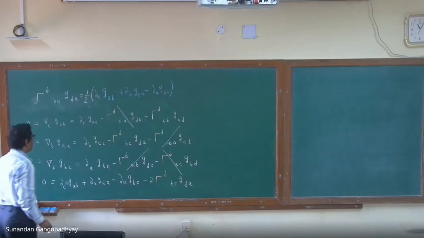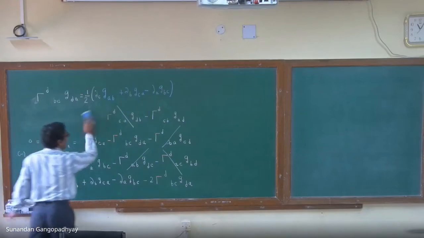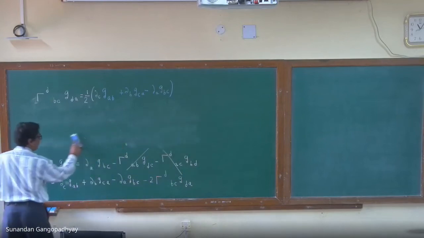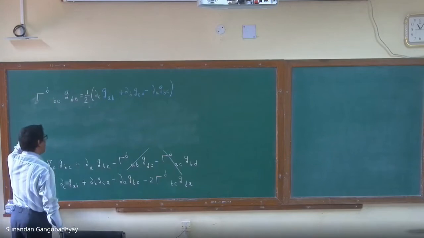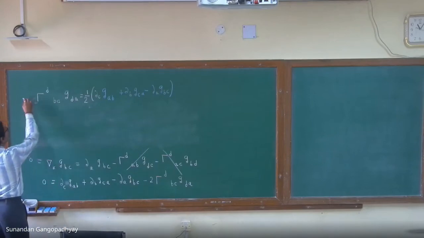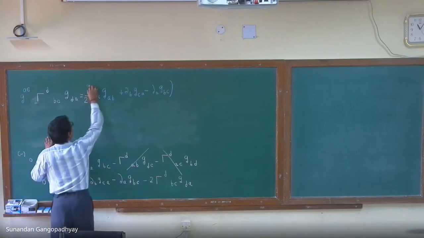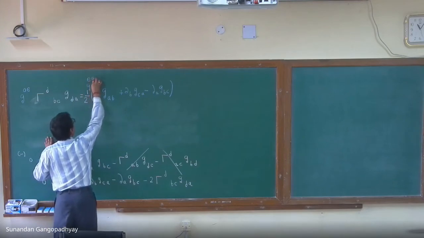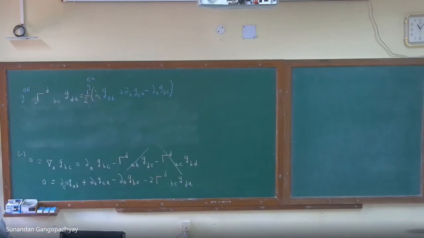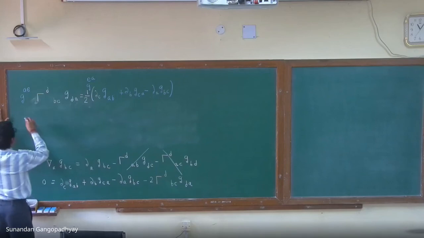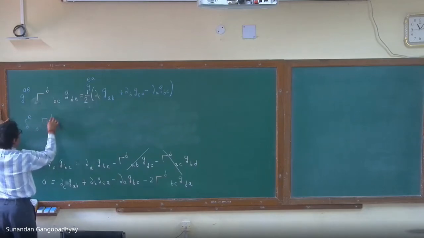And now what we can do is multiply this by g^AE on both sides. So if you do that, then g^AE and g_DA will give us delta, so gamma D BC.